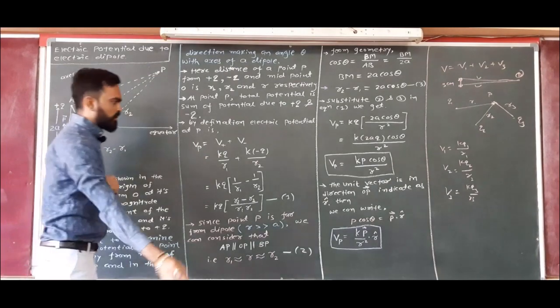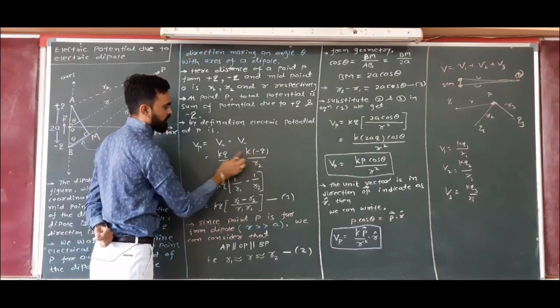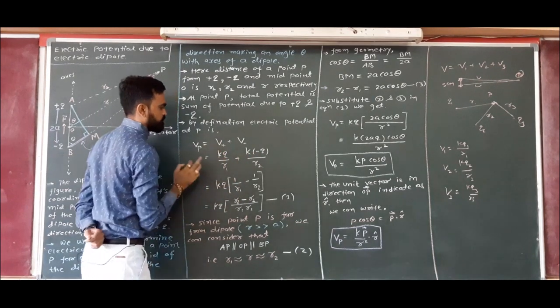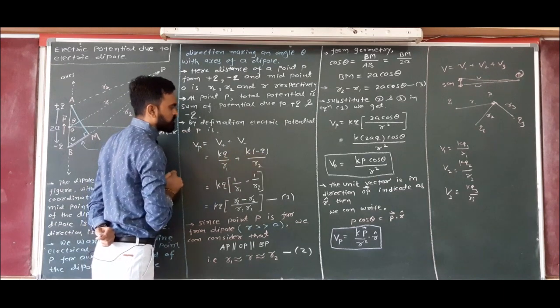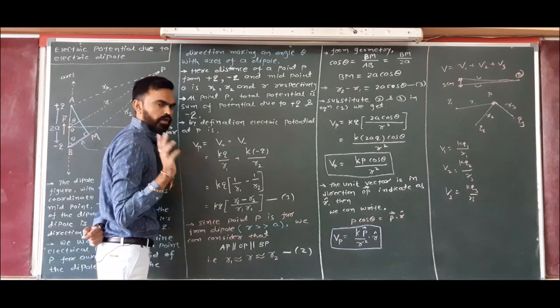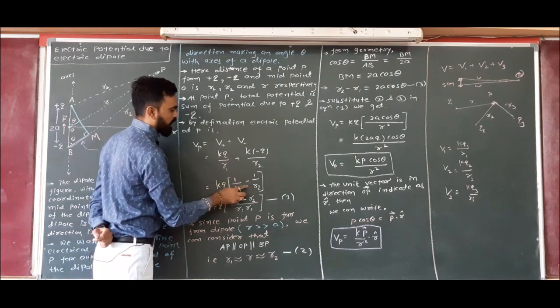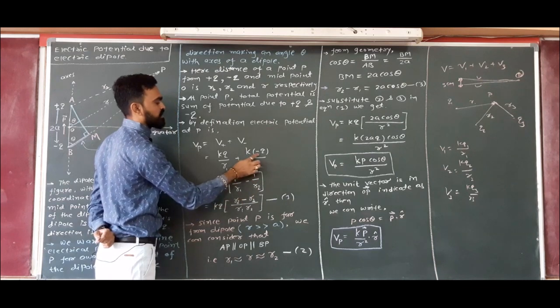Now simplify. Take the minus outside, so it is negative. What is common here? K and Q. What remains left? In the bracket you have KQ (1 upon R1 minus 1 upon R2). Why the negative sign over here? Because of the negative charge we use.